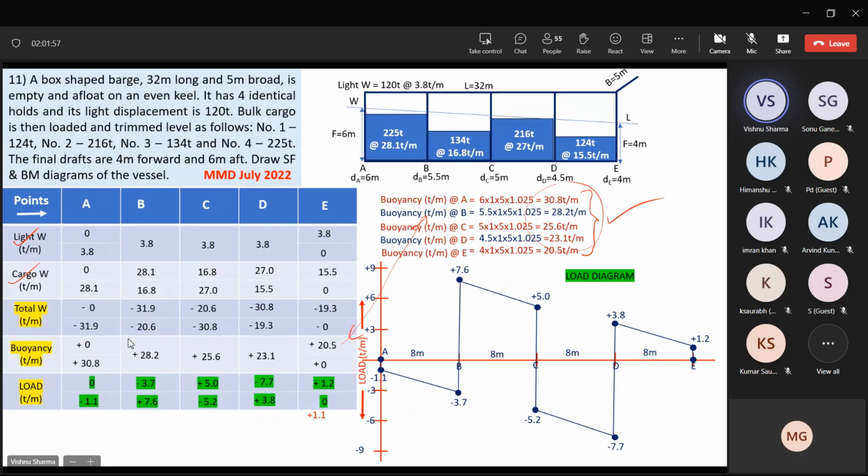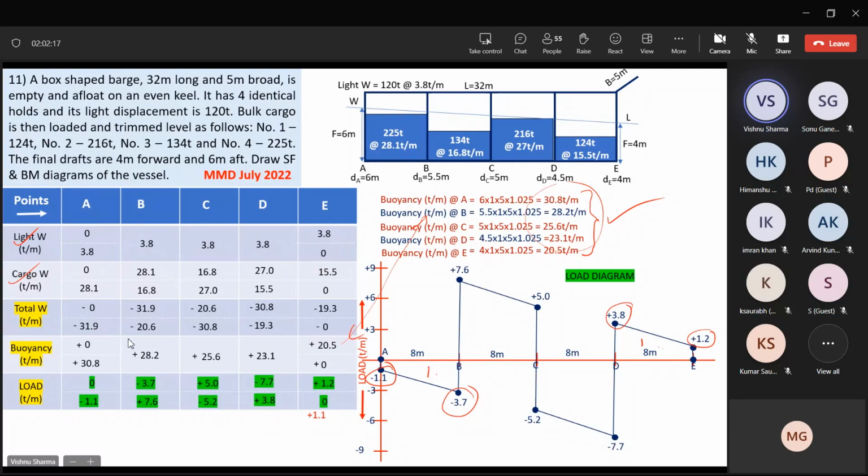Now, guys, one thing before I go, I want to point out is, you see this trapezium and this trapezium. This side is 3.7, this is 3.8, this is 1.1, this is 1.2. These are actually same. They are coming because of the rounding off issues.